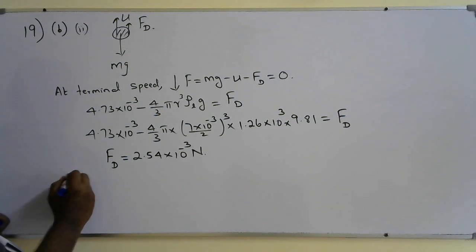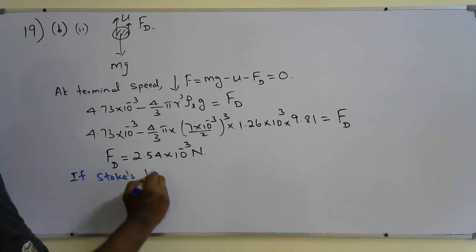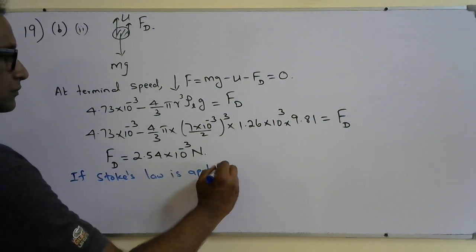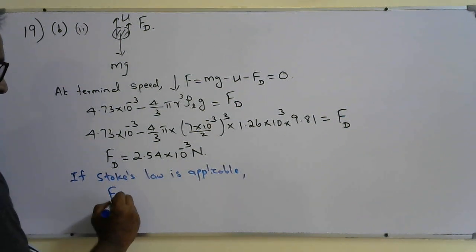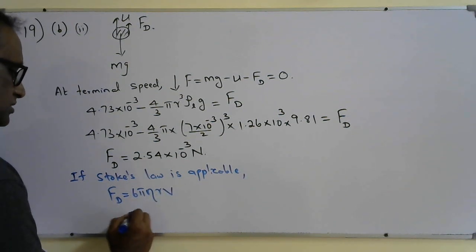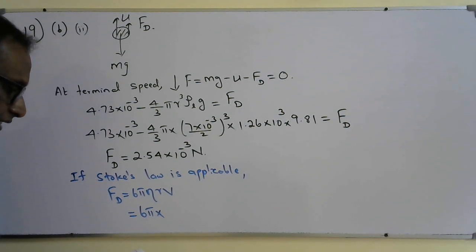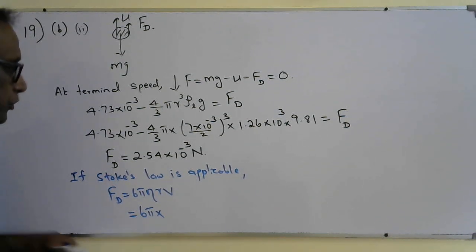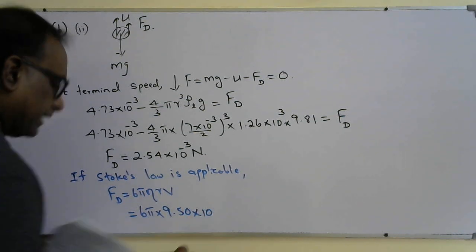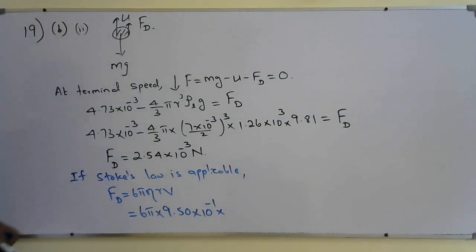So I can say if Stokes' law is applicable, the drag force will be equal to 6πηrv. So 6π. The viscosity of glycerol is given, 9.50 × 10^-1.